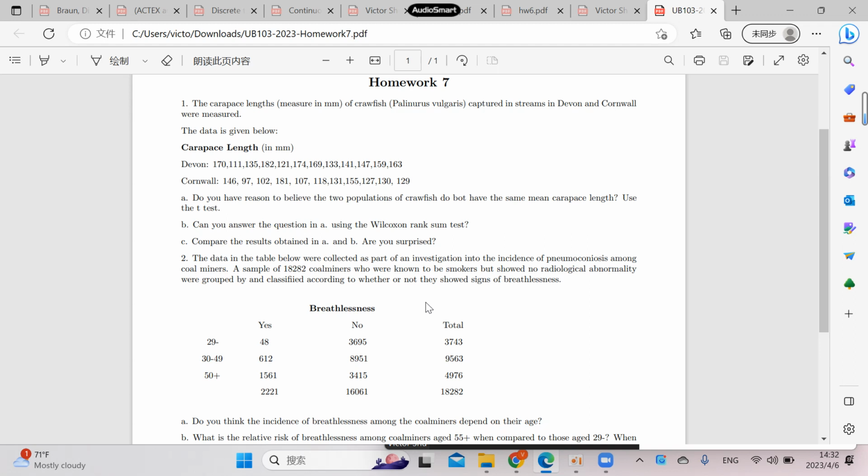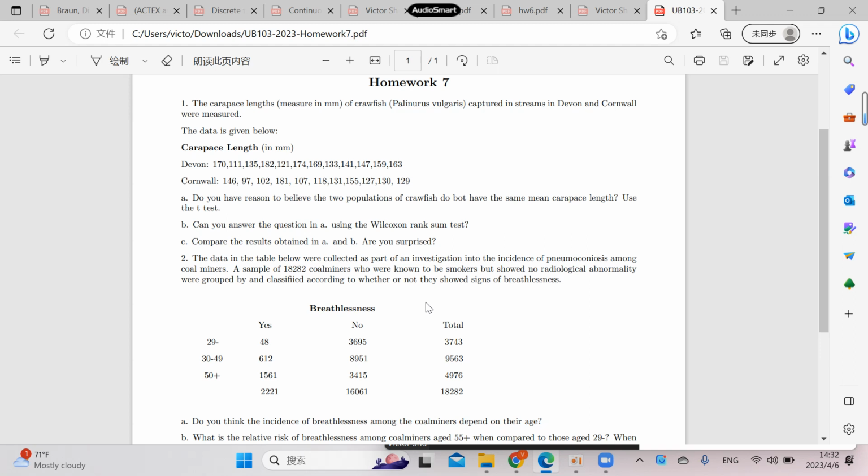And then you're going to calculate your expected rank of Devon or Cornwall. That's the same, because if you have one, then you use the total minus that one and you get the other one. So here let's do Devon. You're going to find the expected rank of all the observations in Devon, and the variance. The expected value is more intuitively understandable, because you have 23 ranks.